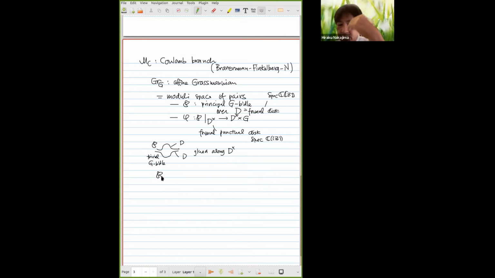Then I consider a larger space, the moduli space of triples.